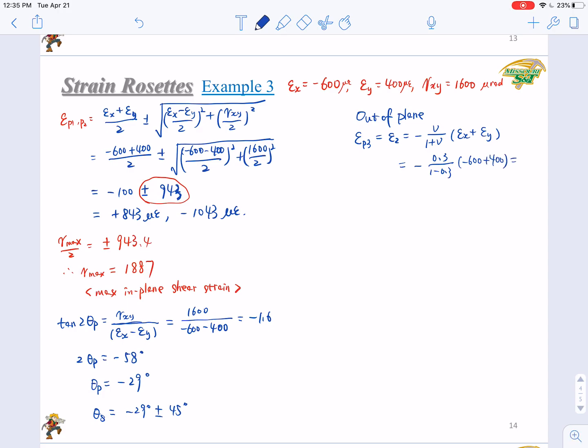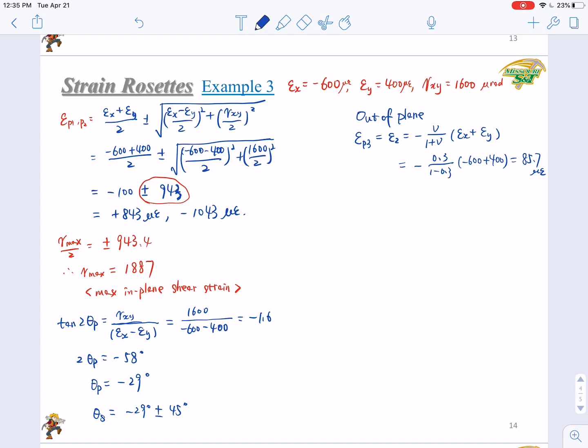So you get 85.7. Obviously this is a number between epsilon P1 and epsilon P2, so it's not critical.